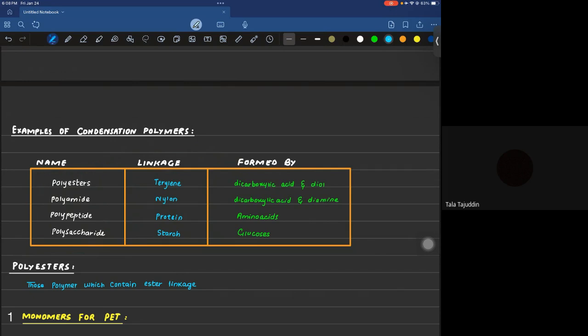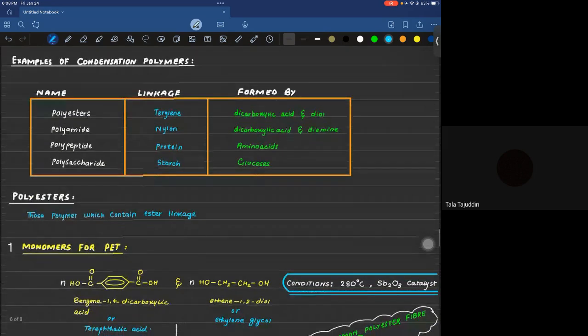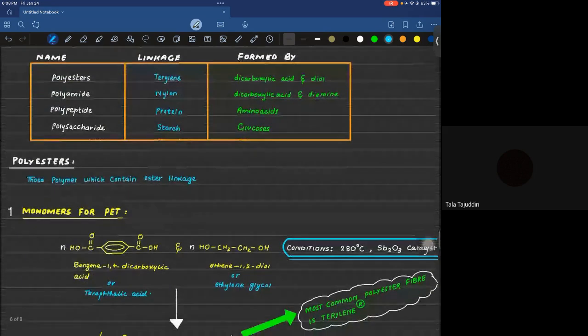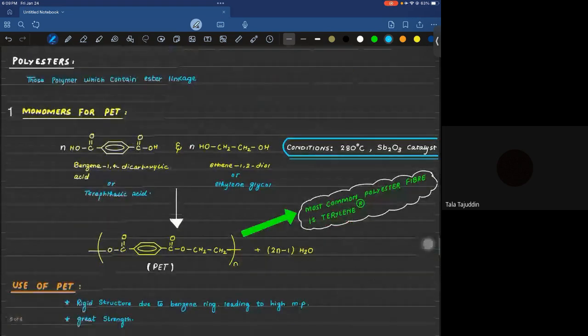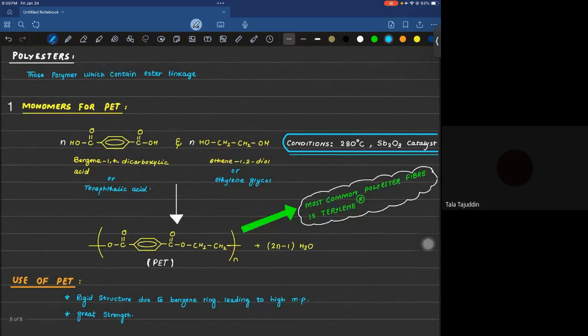So first of all, starting from polyesters, as the name indicates, they are going to have ester linkage, and the first example for the polyester is PET. The common name for this polymer is terylene. So how can I form terylene, and what are the reagents and conditions?